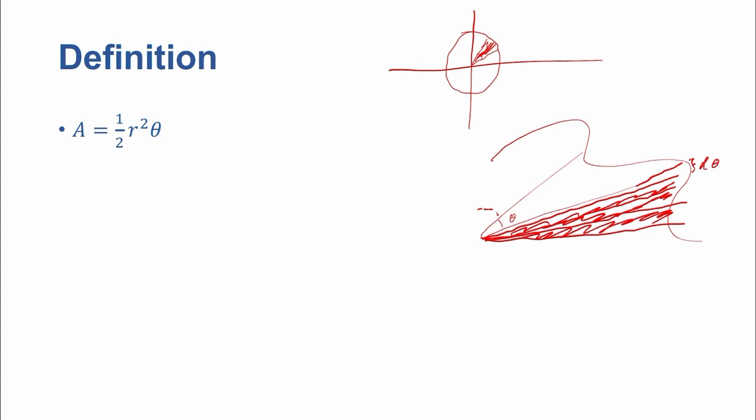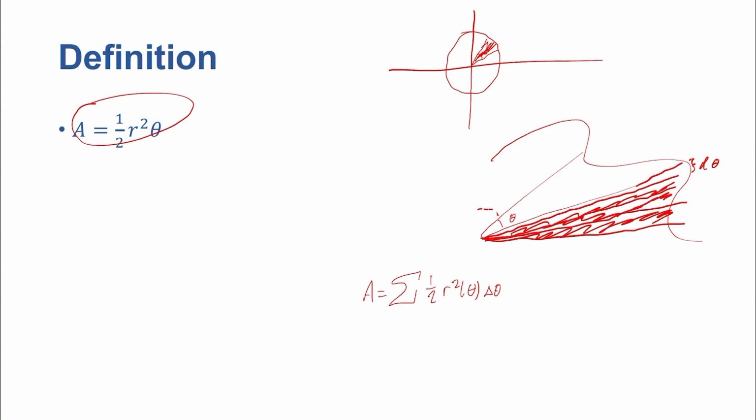So what does this mean? This means that we can generalize this sector definition and make it into an integral. We want to find the area, and the area is going to be the sum. We're generalizing this, so we've got 1/2 r squared, but now r is a function of theta, because r changes with respect to theta, with respect to a little delta theta that we have.